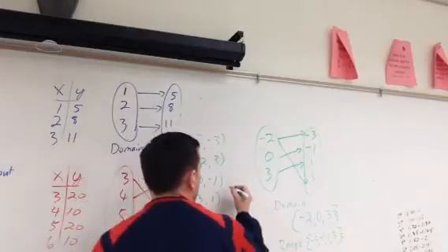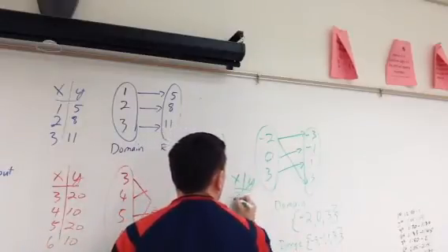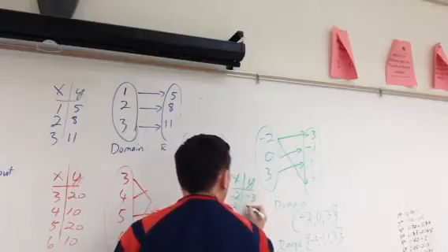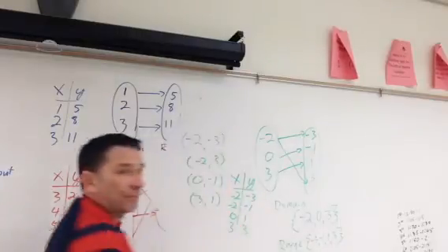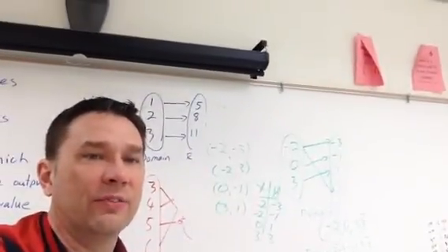And represent this as a table. You have x and y: -2, 0, and 3; -3, -1, 1, and 3. So here we have these values.